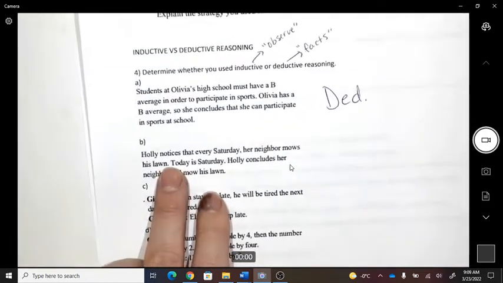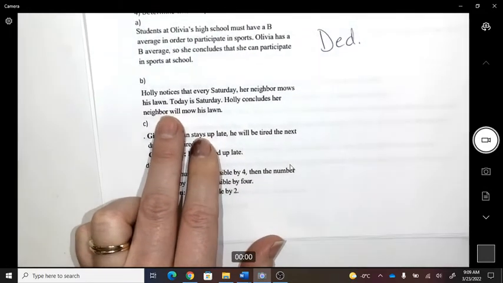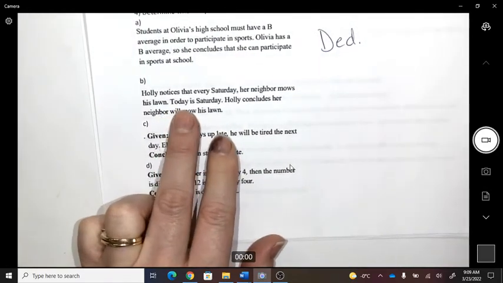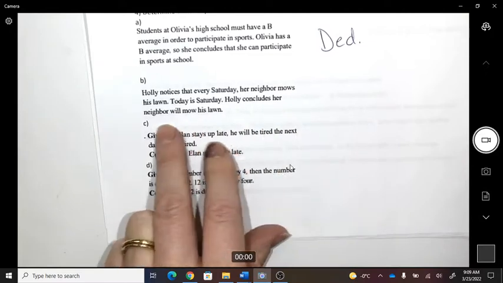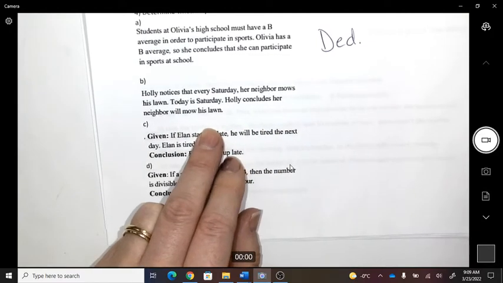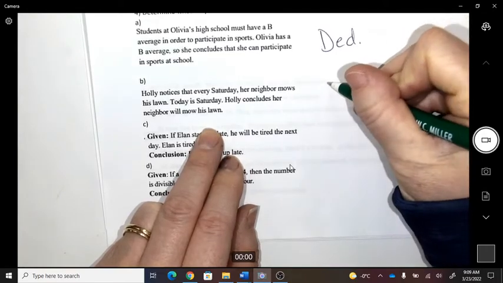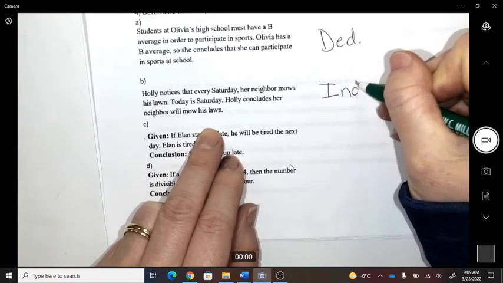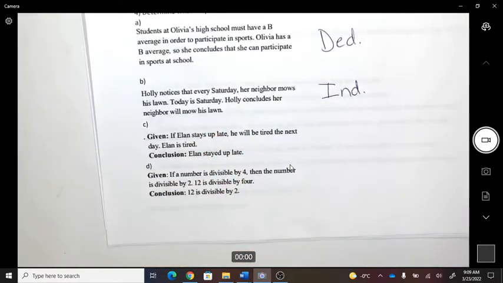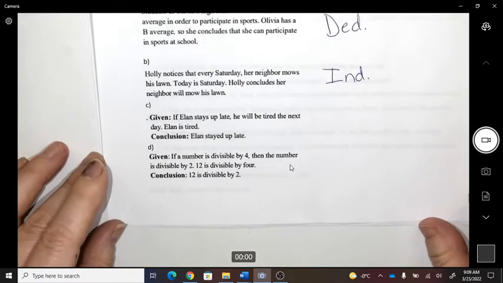Holly notices that every Saturday her neighbor mows the lawn. Today is Saturday. Holly concludes that her neighbor is going to mow the lawn. What kind of reasoning is that person using? Did you pick inductive? Okay, because they're tying conclusions together just based on something that they think.